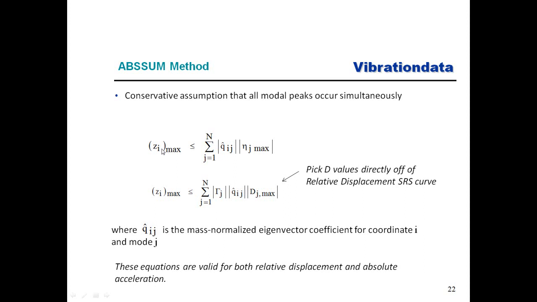And this I term refers to the degree of freedom, or in our case, the mass number. So the relative displacement for mass I is less than or equal to this summation over two modes of the appropriate eigenvector coefficient times the maximum modal displacement for mode J.